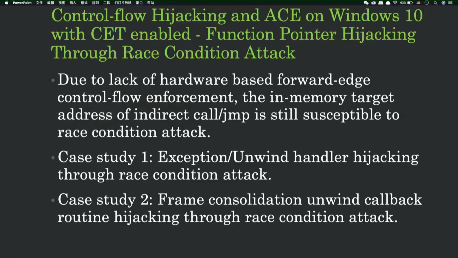There are two cases. The first case is exception handler and unwind handler hijacking through race condition attack. The root cause of these is the same. And the second case is frame consolidation unwind callback routine hijack through race condition attack. Actually, the two cases also happen in the exception handler.